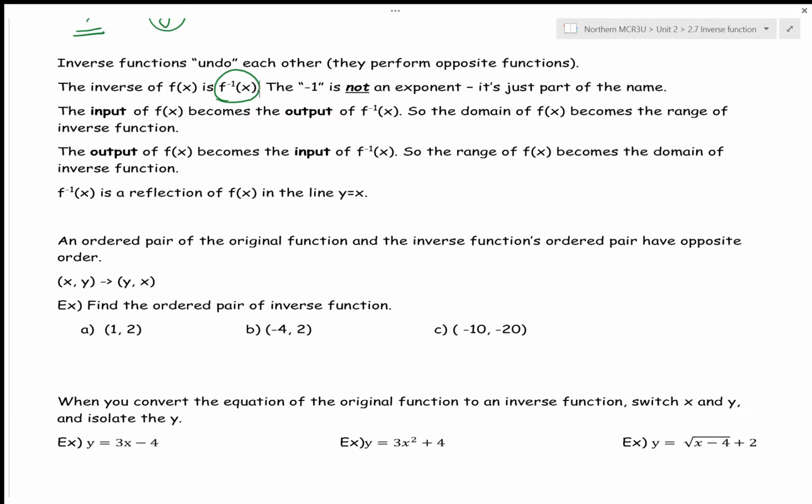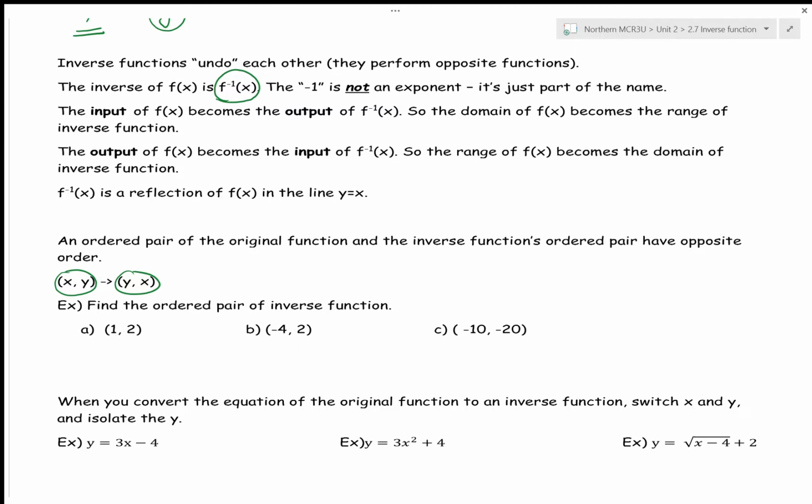As I said, your x and y values are switched in order for you to get the inverse function. In other words, your original function's x and y become y comma x for the inverse function. That means your domain becomes the range, and the range becomes the domain of the inverse function.